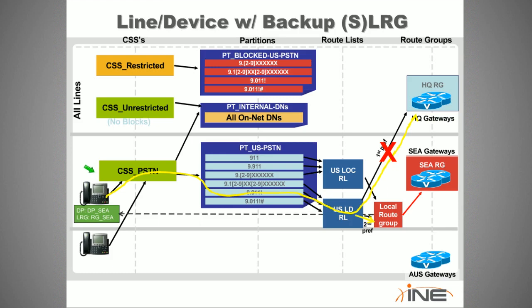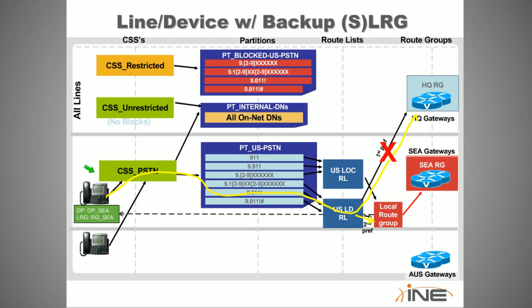So could we not just have 4 CSSs, kind of go back to the traditional approach, and those 4 CSSs were class of restriction specific, or class of service specific if we want to be inclusive versus exclusive.